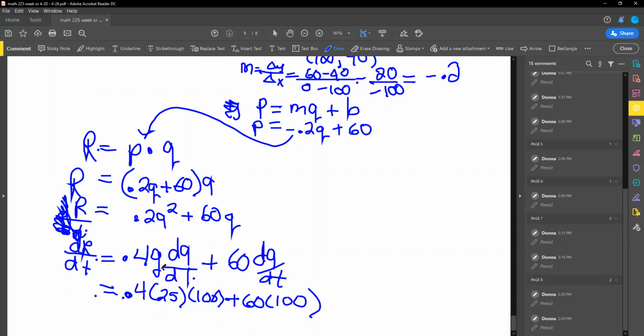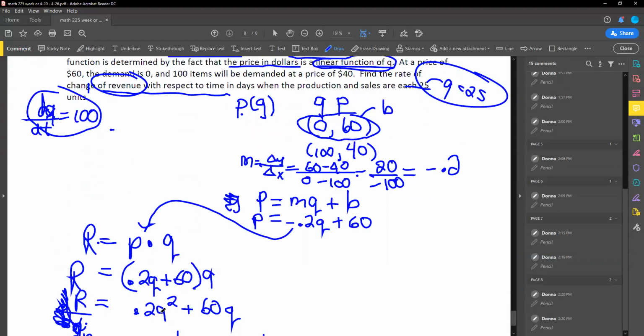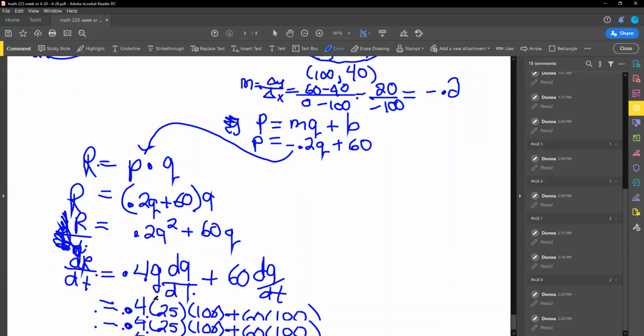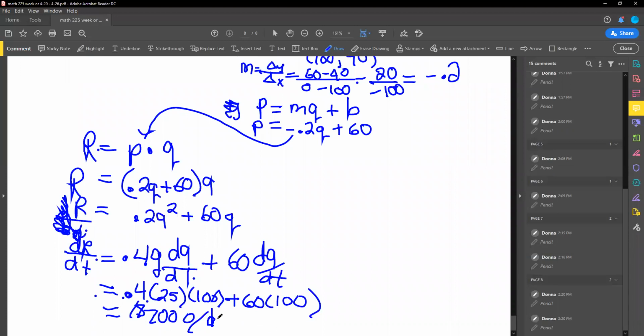I'm going to plug that in a calculator. I get 7,000. So the rate of change of revenue is $7,000 per, let me figure out what my units are. Per day. So by increasing that, my revenue is increasing by $7,000 per day.